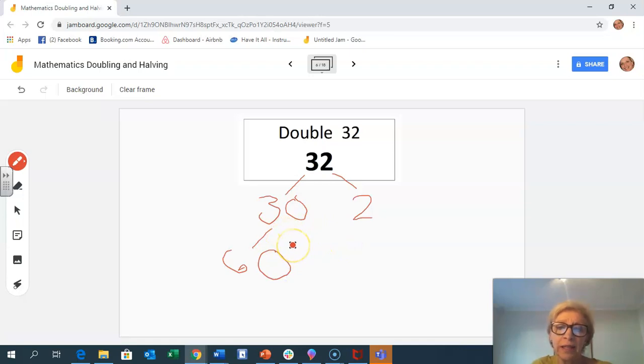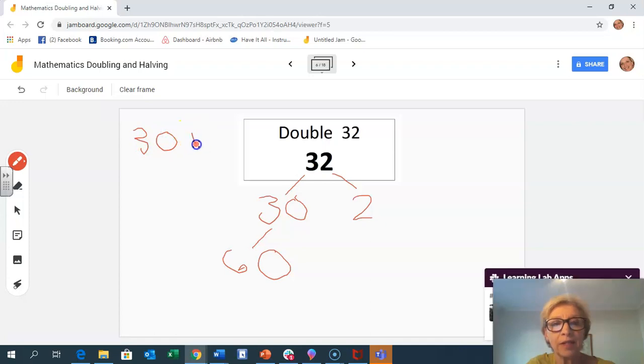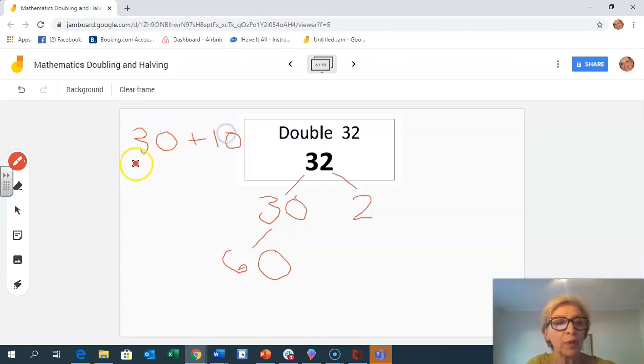And if you're struggling to add 30 plus 30, then I would just write down 30 like this, and I would add 10 plus 10 is 20, 40 plus 10 is 50 plus 10 is 60. So you can add in smaller amounts.